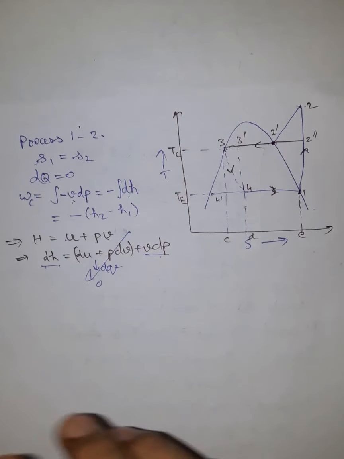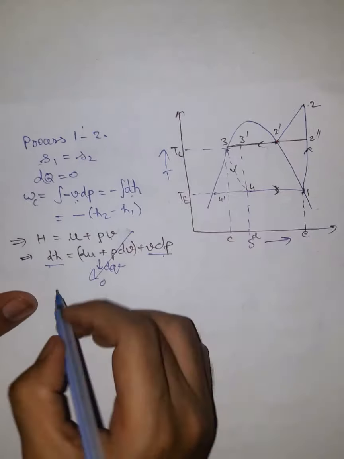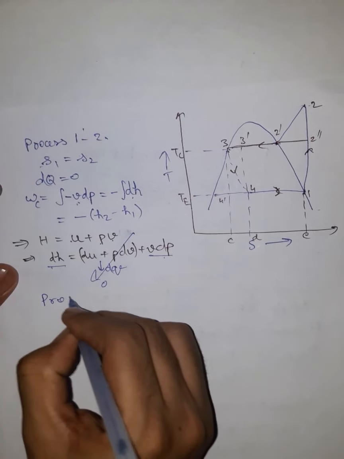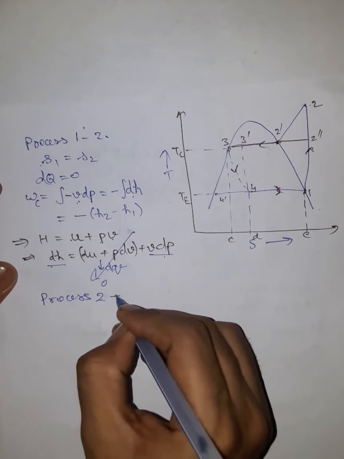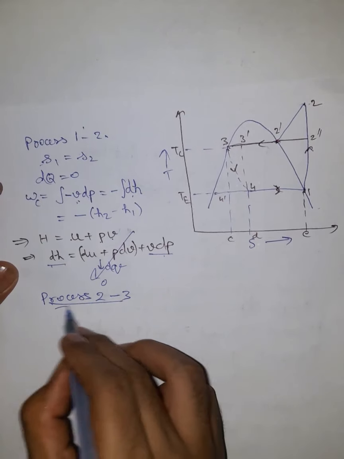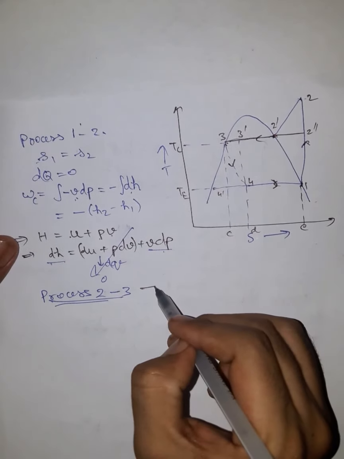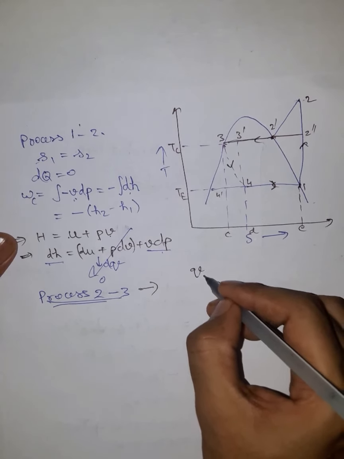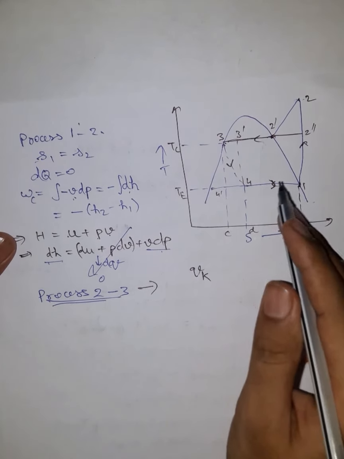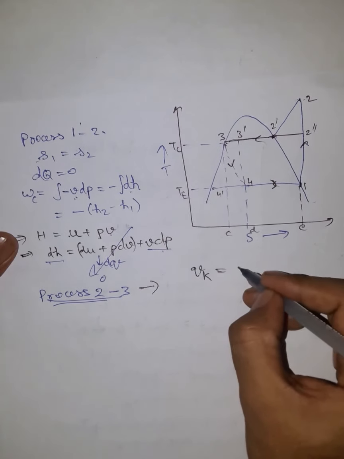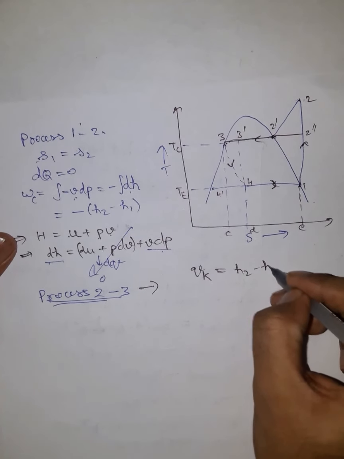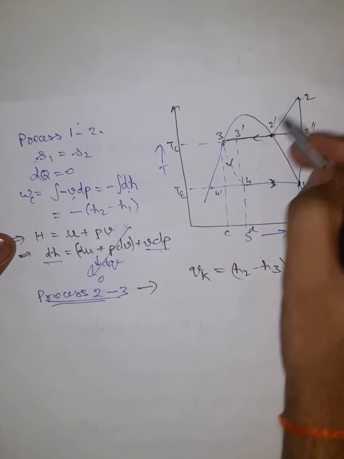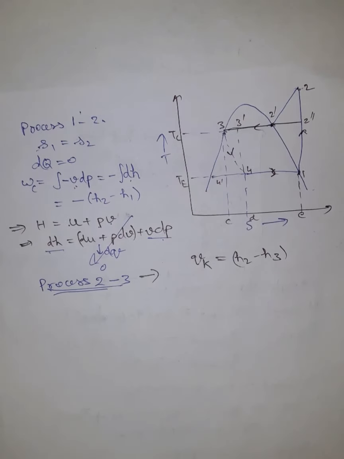Okay, so for the process 2 to 3 we are talking about, the heat change, that is Qk, is representing the condensation heat that is released from here. That can be written as H2 minus H3, that is the enthalpy change between these 2 points under which this process is occurring.